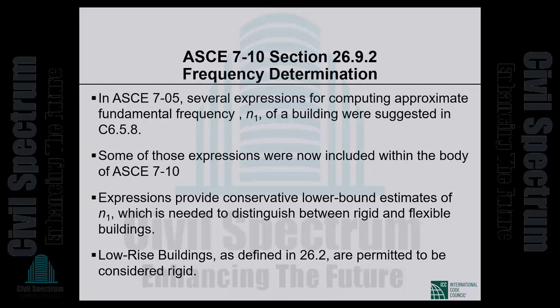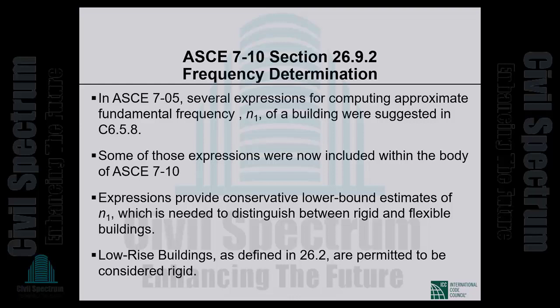And that is a problem. Many people go to the earthquake provisions to calculate period, but that may not be the best thing to do. In earthquake design, the shorter the period, the more conservative you are. In wind design, the longer the period, the more conservative you are.